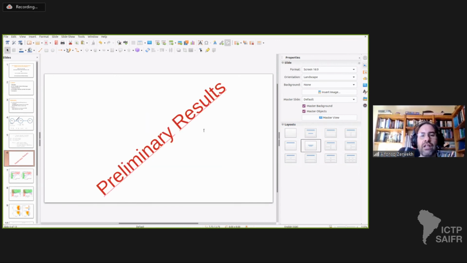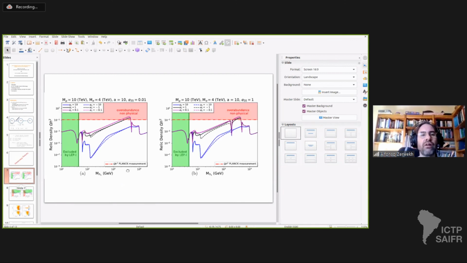I will talk now about the preliminary results. I insist these results are preliminary, but I think that they can be important. Well, we compute the relic density for different values of the parameters. Here I'm showing you two plots which are representative of the parameter space.